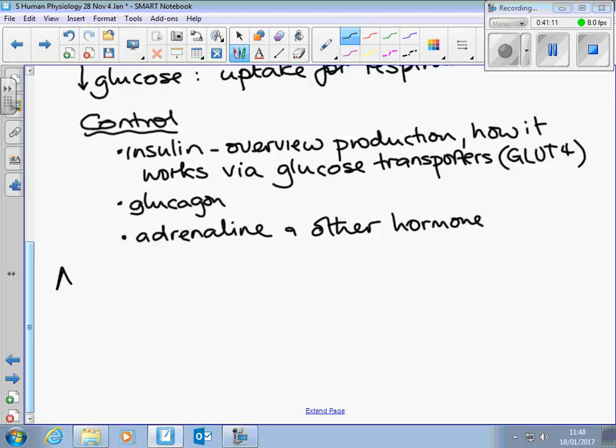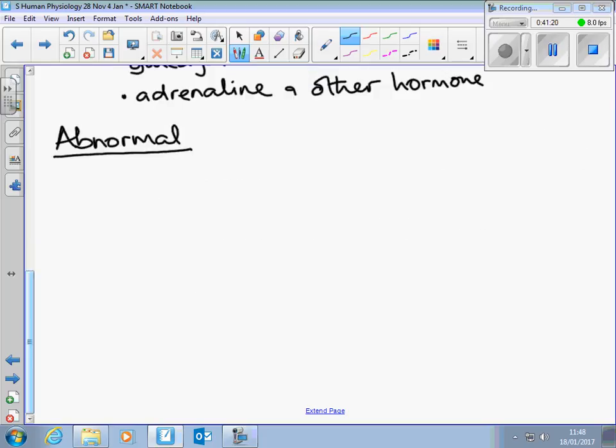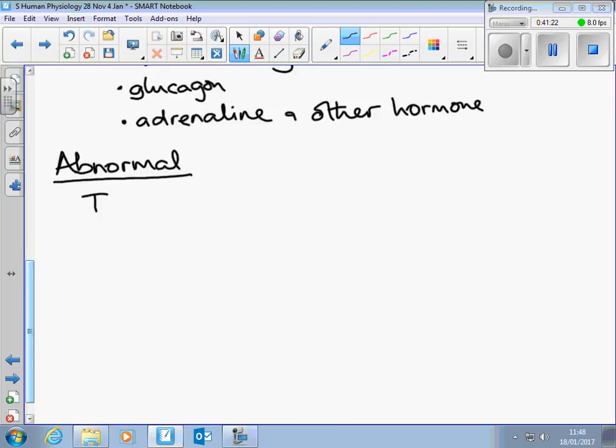You've then got the abnormal. And here you want to make sure that you include type 1 and type 2 because they're different.